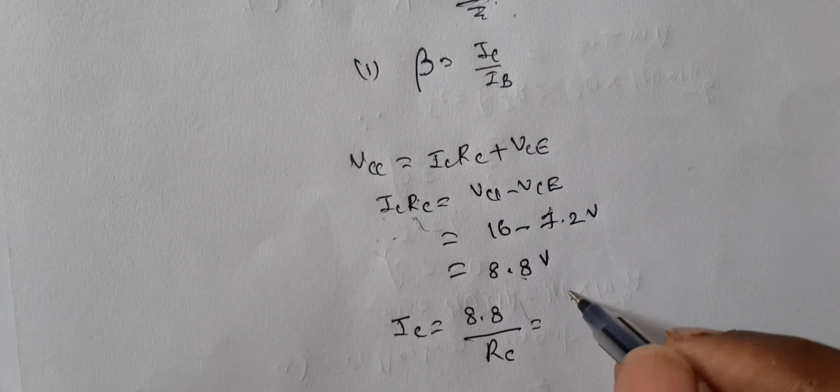So this is 8.8 divided by 2.2 kilo, which is 8.8 divided by 2.2 into 10 power 3. When it goes up, it becomes minus 3.